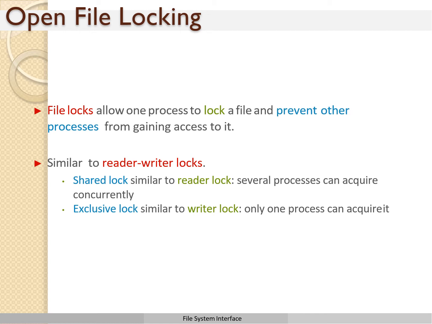A shared lock is applied when we want to read the file as well as allow others to read the same file. An exclusive lock is similar to a writer lock, used when the file is to be used among a group of people and everyone has permission to make changes. Only one exclusive lock means that only one process at a time is allowed to make changes to the file.